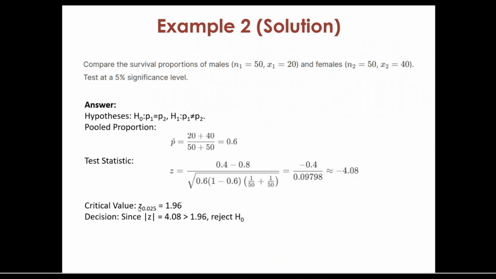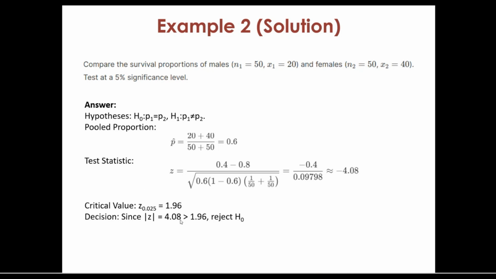So why are we getting this? Because we want to refer to the standard normal distribution table. Remember, 4.08 is our calculated statistic. We want to find the critical value because we want to compare the calculated value with the critical value.